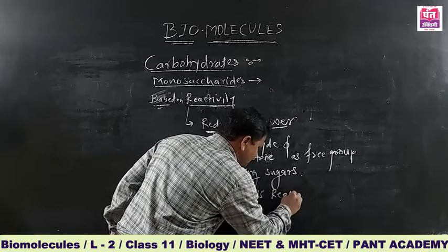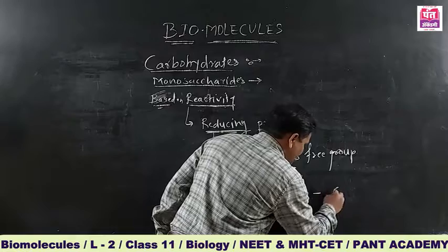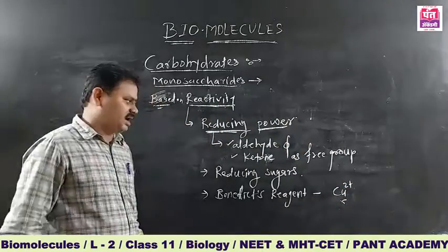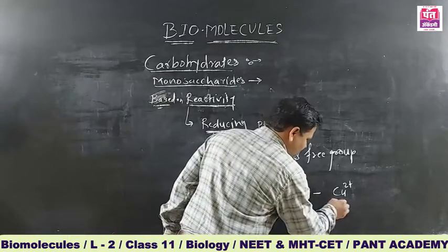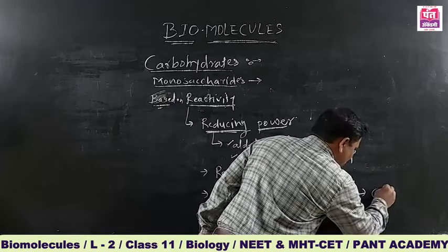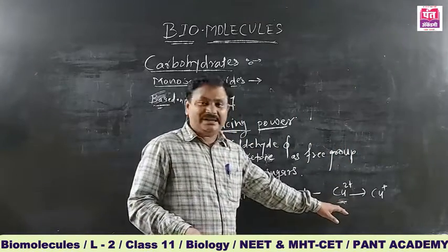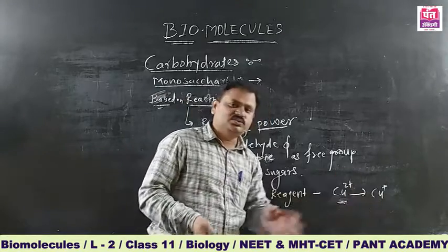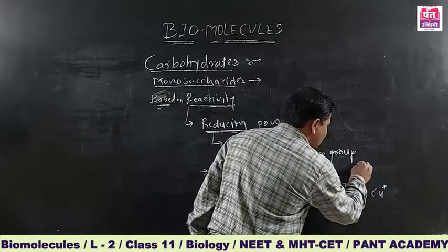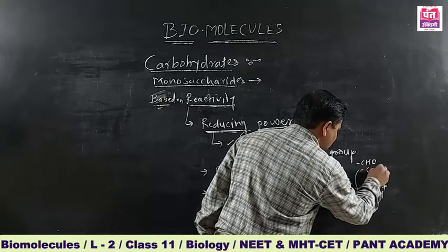This Benedict's reagent contains copper ions, divalent copper, cupric ions, which are reduced into cuprous ions, and this reduction is done by the free CHO or free ketone group.